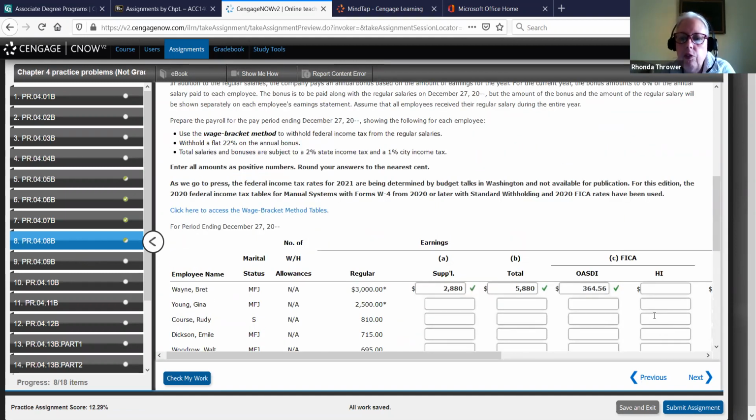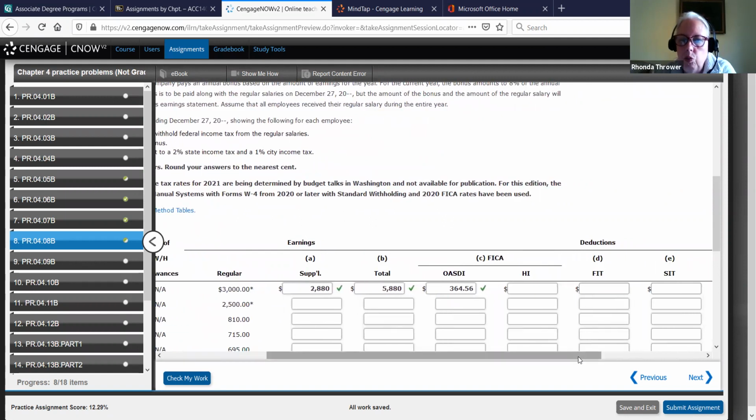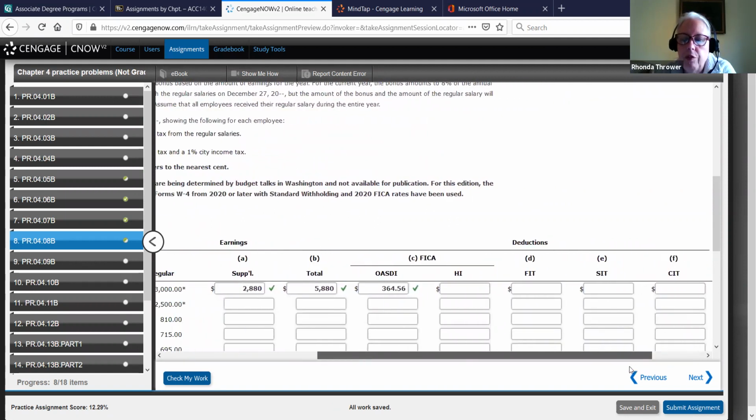Notice this time we didn't have to put a minus sign in because they didn't mention that. So go figure. But anyway, that is a deduction. And when we get ready to do the net pay, we'll have to subtract it out.